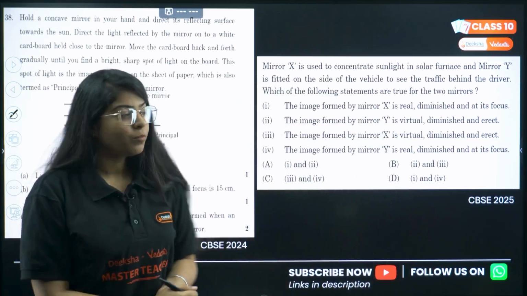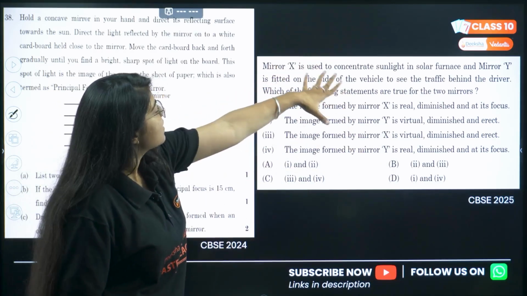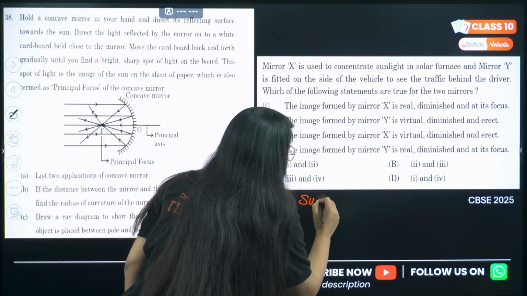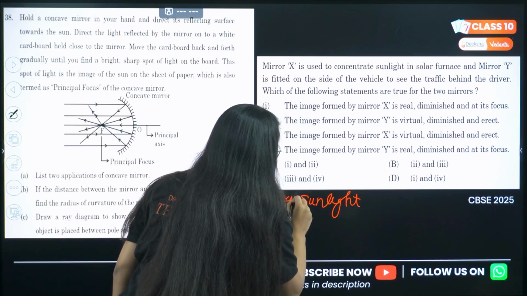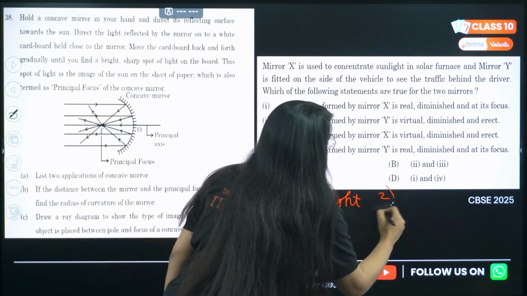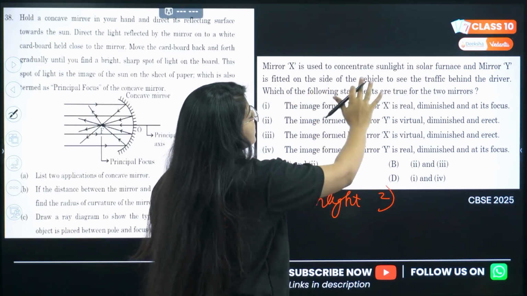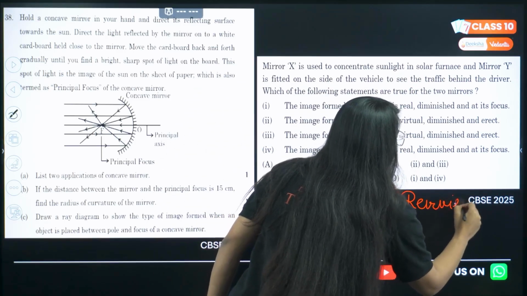I'm giving you one more MCQ, which says mirror X is used to concentrate sunlight on a solar furnace, and mirror Y is fitted on the side of the vehicle, so it's a rear view mirror.